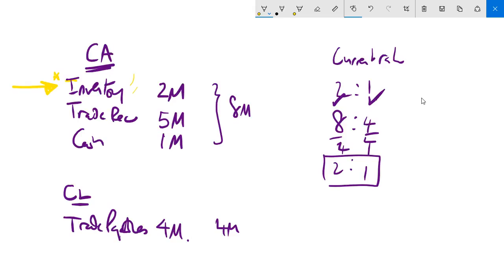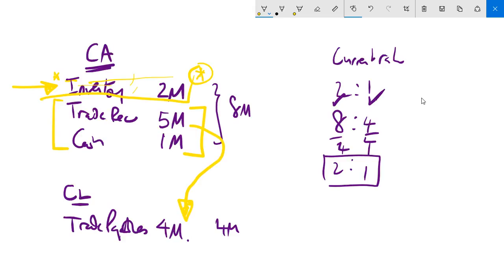So what if we couldn't sell off inventory in time? What if this guy turns up in the middle of the night and wants his money, and we don't have the ability to sell off our inventory? Because inventory is the hardest asset to get rid of, we will then have to focus on trade receivables and cash to pay off the trade payables.